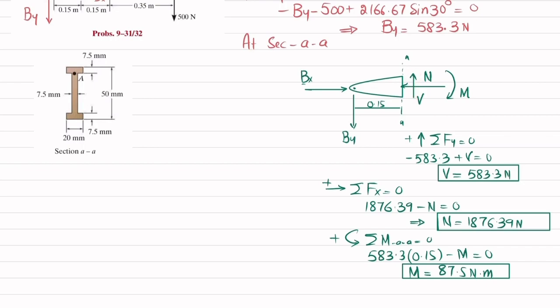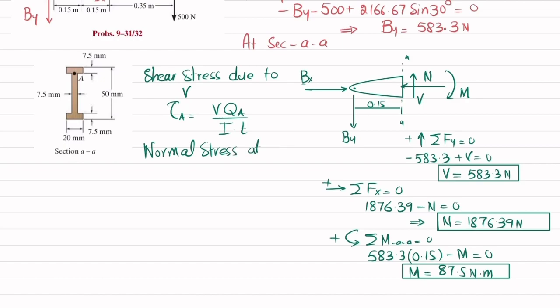So I will write shear stress due to V. That shear stress at point A will be equal to V into QA divided by I into T. And the normal stress at A is due to the compressive stress, which is N by A, and that is negative because it is compressive, plus the stress due to moment, which is My divided by I. The positive sign is because due to this moment the beam will bend like this, clear.